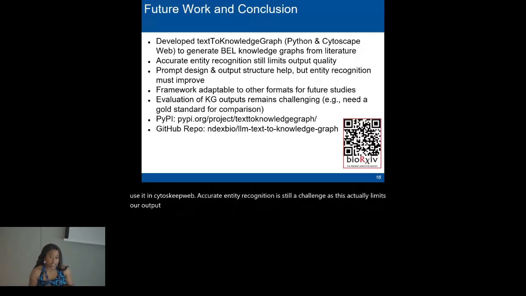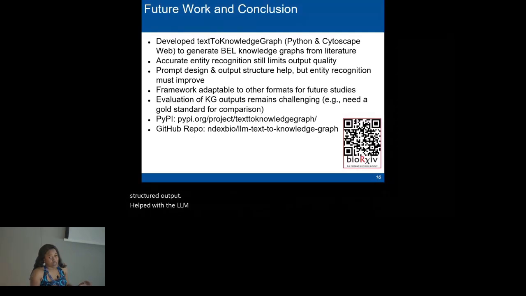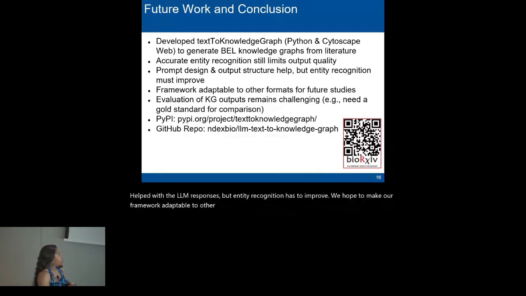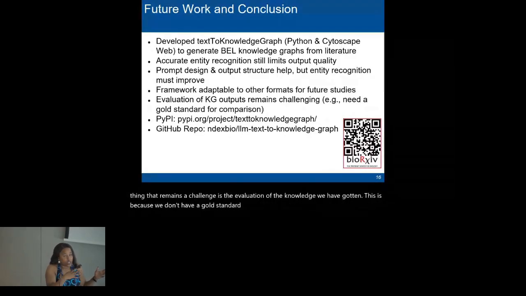We also realized that detailed prompt design and giving structured output formats helped with the LLM responses, but entity recognition has to improve. We hope to make our framework adaptable to other formats aside from BEL in the future. Another challenge is the evaluation of the knowledge graphs, because we don't have a gold standard to compare these BEL knowledge graphs to.